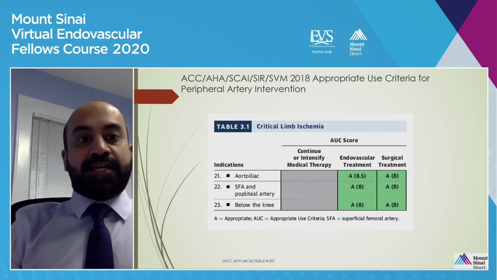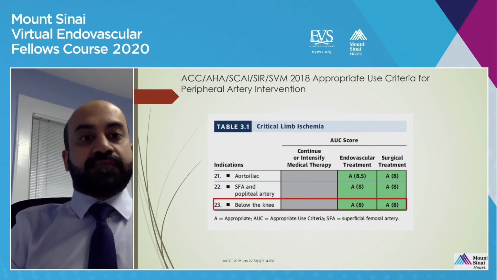Additionally, ACC, AHA, SCAI, SIR, and SVM in 2018 deemed endovascular or surgical intervention as equally appropriate for the treatment of critical limb ischemia.